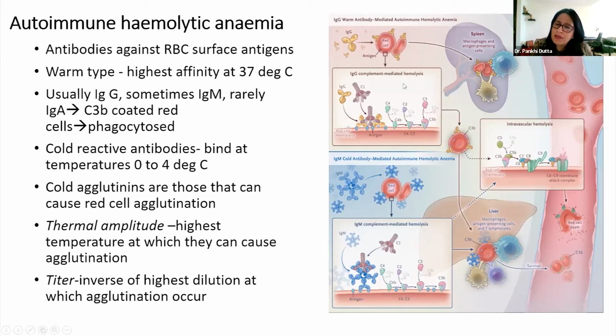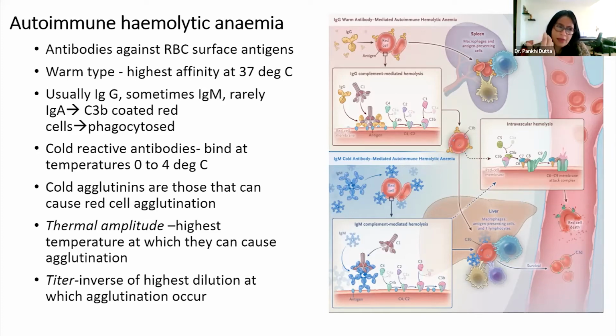But even if it's activated partially, then the complement components, when they coat the RBCs, will act as an opsonin. So the macrophages in the spleen and the liver will pick up these cells and cause extravascular hemolysis.